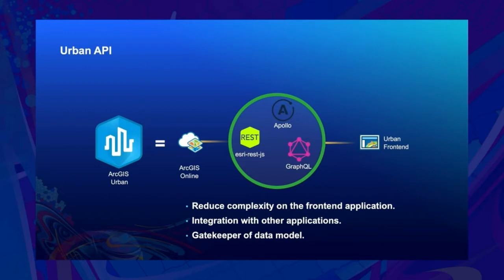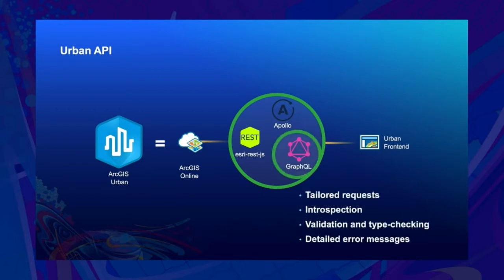Another reason for us to create this API is for integration with other applications. And finally, it is also a gatekeeper of the data model, so that applications cannot just write any data into an urban model. This data is validated. And that is also one of the reasons why we use GraphQL.